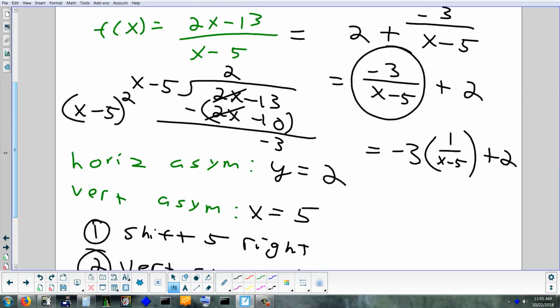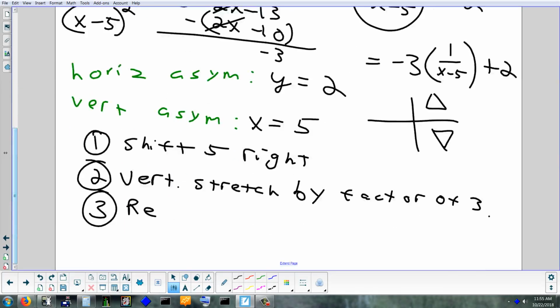Mm-hmm. It flips it. It's a reflection. It's a vertical reflection. Okay, vertical means if you drew your graph, say you had a shape up here, when it reflects it, it would be down there. That's a vertical reflection. So it's over the x-axis.